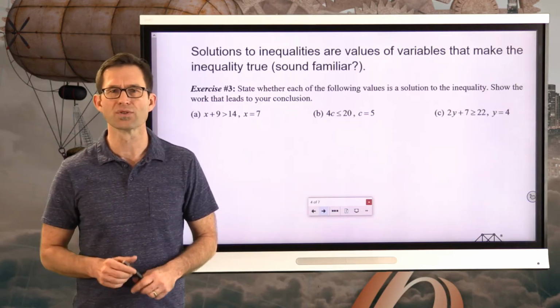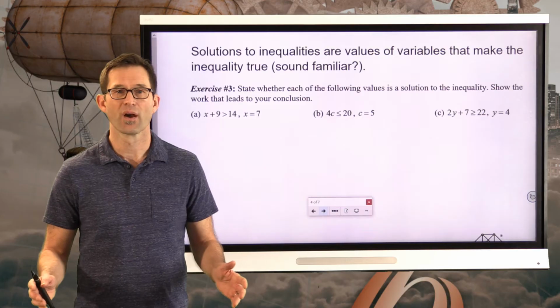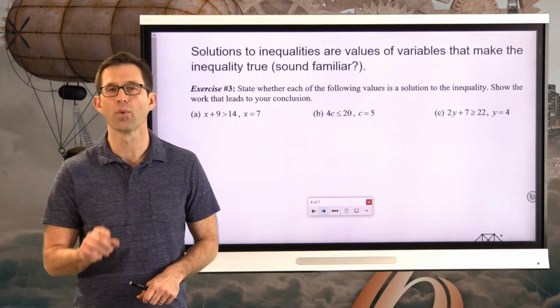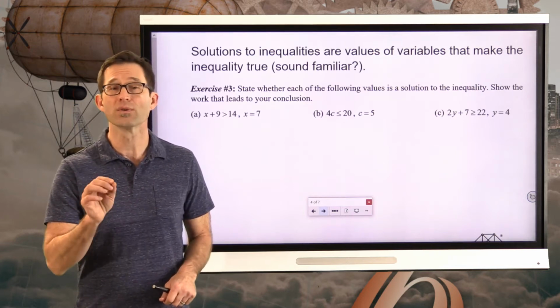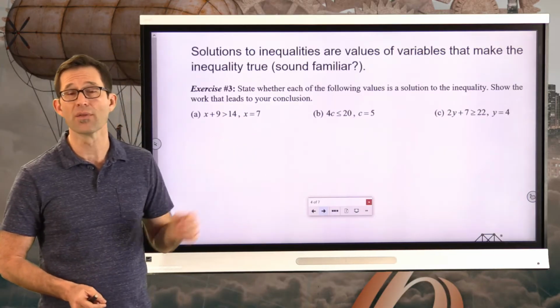So let's take a look at exercise number 3. State whether each of the following values is a solution to the inequality. Show the work that leads to your conclusion. All right, this is absolutely no different than what we've been doing in every single lesson when we've seen whether or not a value was a solution to an equation. I want to see, is 7 a solution to this inequality?